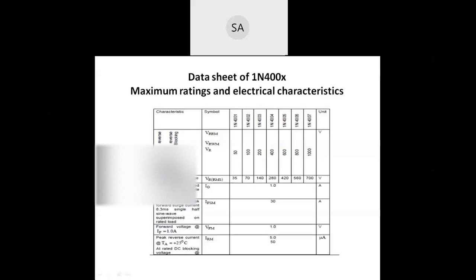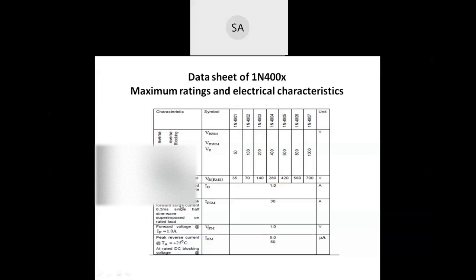And the average rectified output current at a temperature of 75 degrees centigrade, that is IO, the output current, is 1 ampere only. So this rectifier IN400X is for the 1 ampere rating.